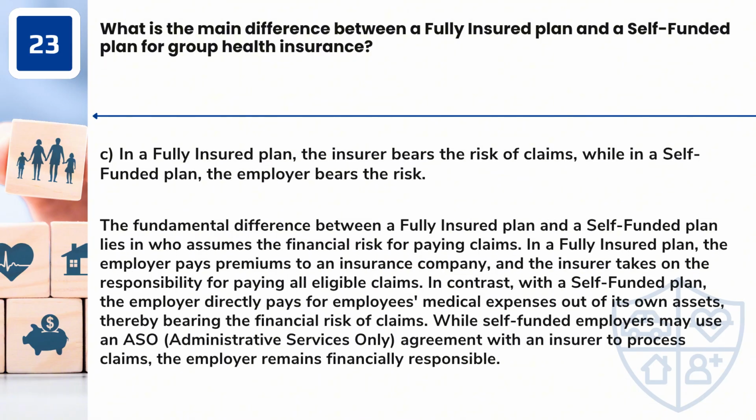Answer: C. In a fully insured plan, the insurer bears the risk of claims, while in a self-funded plan, the employer bears the risk. Explanation: The fundamental difference between a fully insured plan and a self-funded plan lies in who assumes the financial risk for paying claims. In a fully insured plan, the employer pays premiums to an insurance company, and the insurer takes on the responsibility for paying all eligible claims.